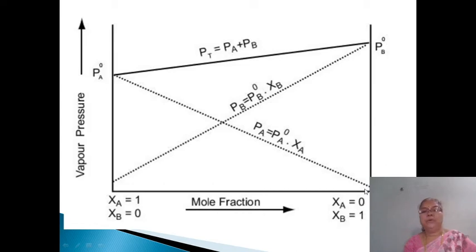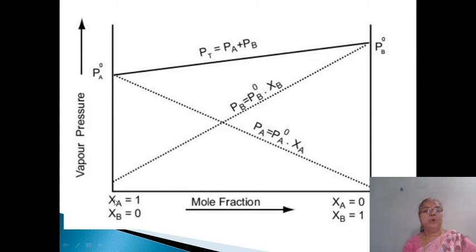Then as the mole fraction of A constituent increases, the vapor pressure of A constituent also increases to the limiting value, and this value is termed the vapor pressure of pure A constituent.